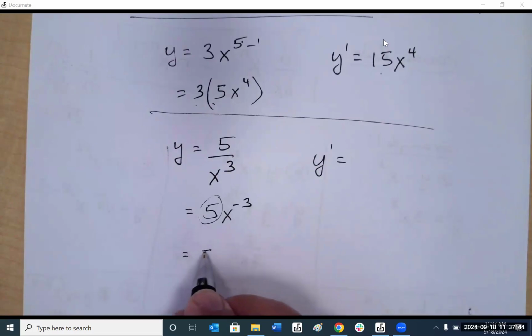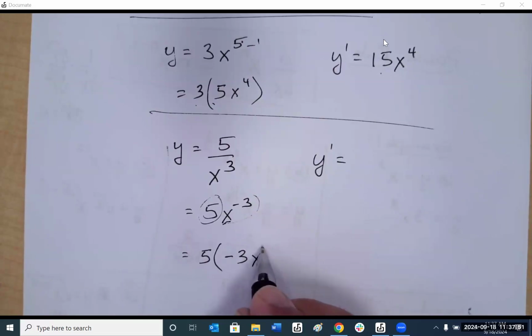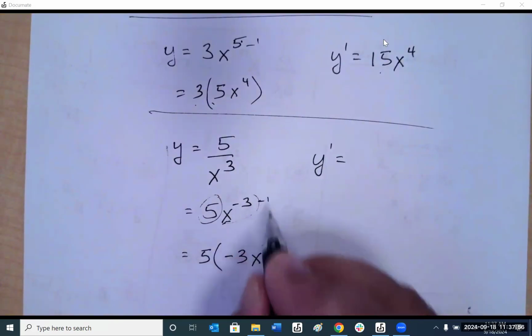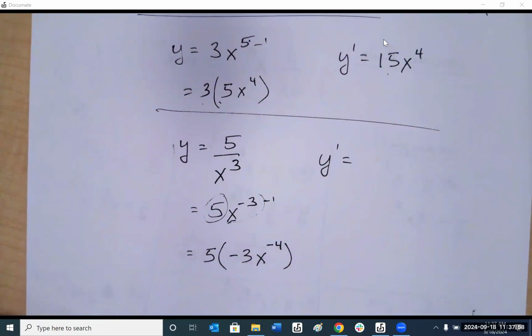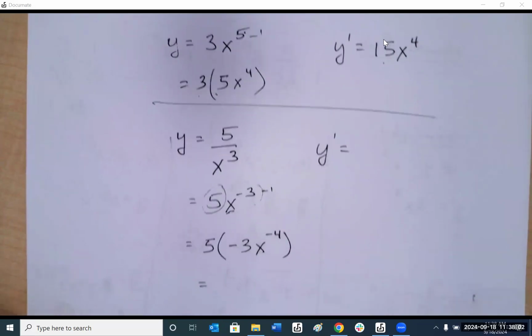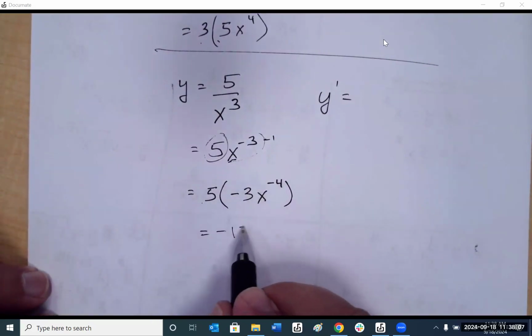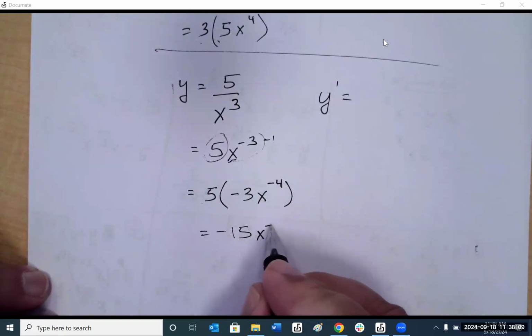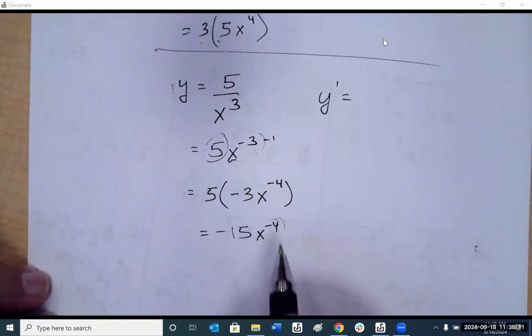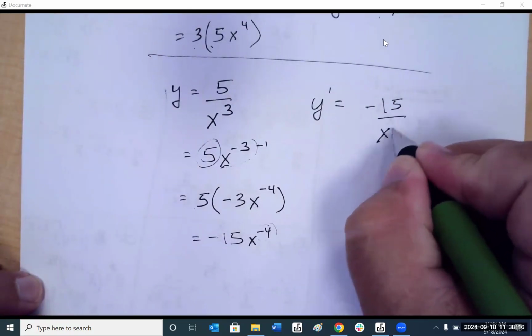Constant coefficient, leave it alone. Don't worry about it. Take a derivative of this one, because you subtract 1. Which gives us what? And we can't have a negative exponent. So the answer is negative 15 over x to the 4th.